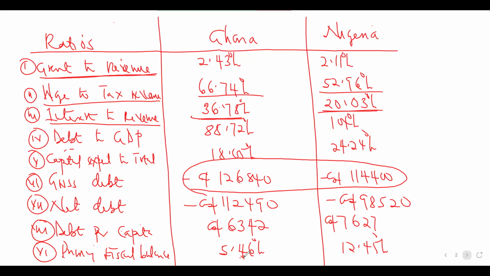Okay, so in terms of managing the interest, Nigeria is managing their borrowings, or Nigeria is not depending on other parties for its funding, as compared to Ghana.